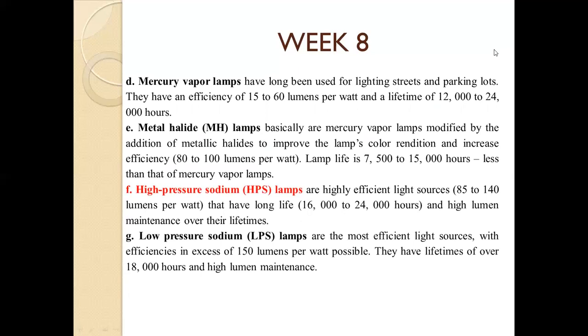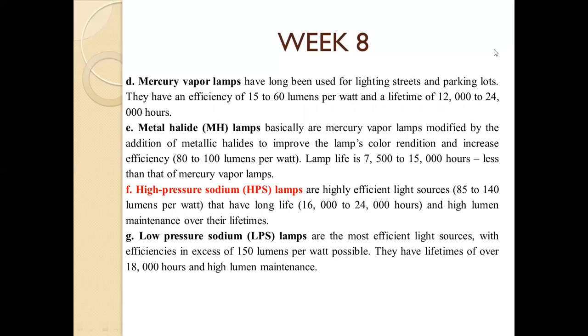These are the other electric discharge lamps that can be used in a hospitality building or facility. You can see in your handouts or PDF files the differences between these types of electric discharge lamps.